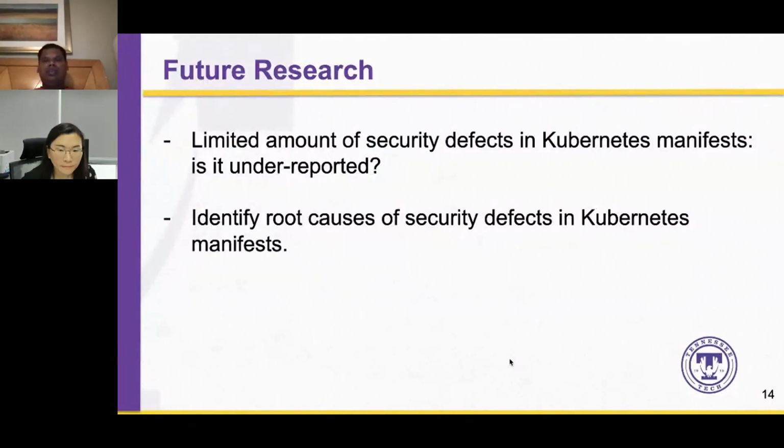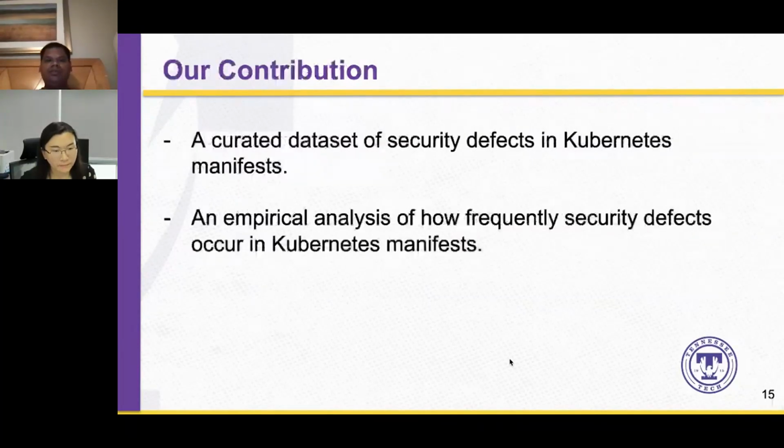Like our keynote speaker said today, it is important to consider design and architectural issues when it comes to mitigating vulnerabilities and security defects. So all in all, we do feel that our findings can lay some groundwork to do more interesting research.